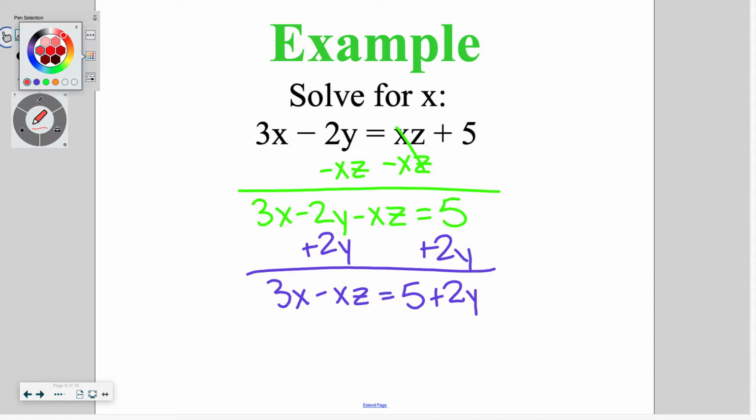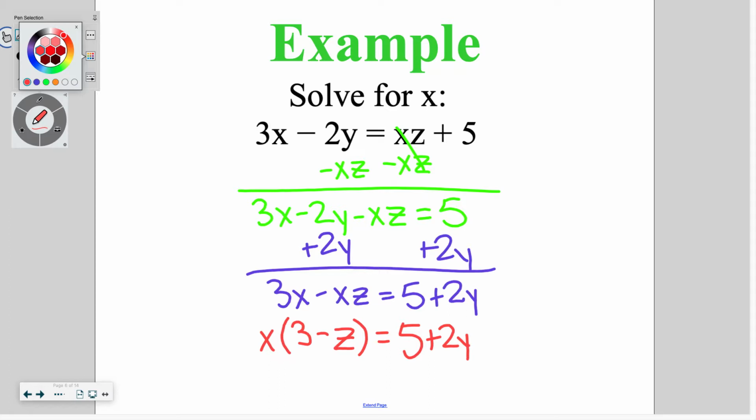So we need to pull that out or reverse the distributive property. So I'm going to take the x away from the 3x, which leaves me with just 3. Then I'm going to subtract. I'm taking the x away from the xz, which leaves me with just z. And then we've got 5 plus 2y. So we took out the x from the two pieces that had x.